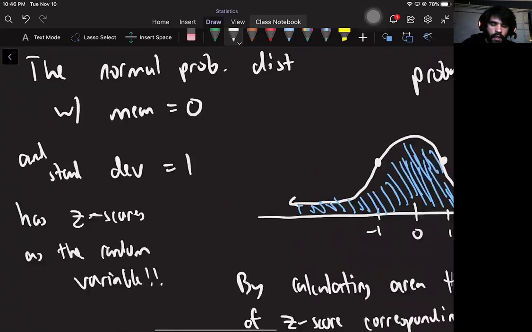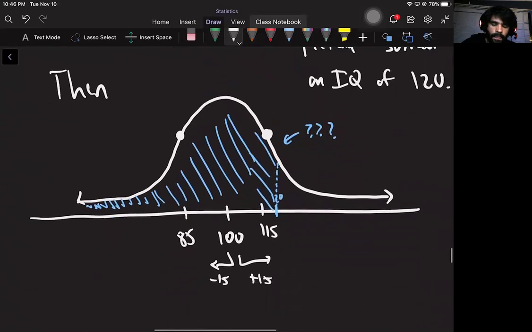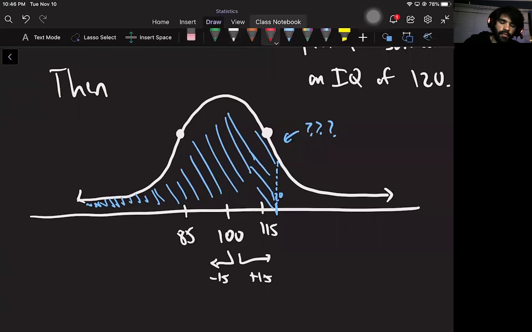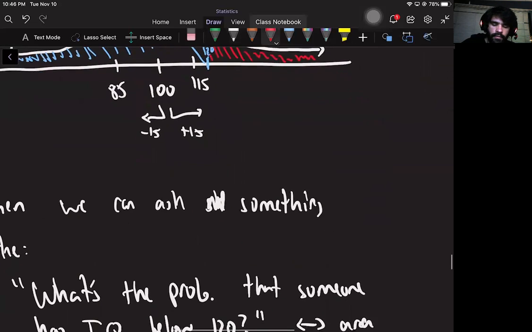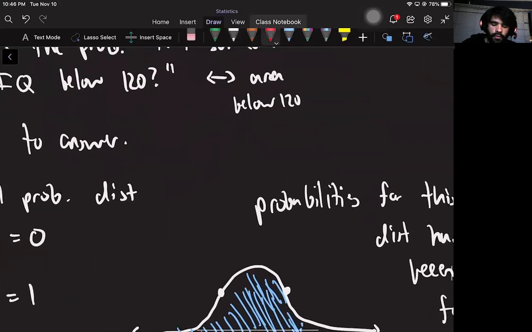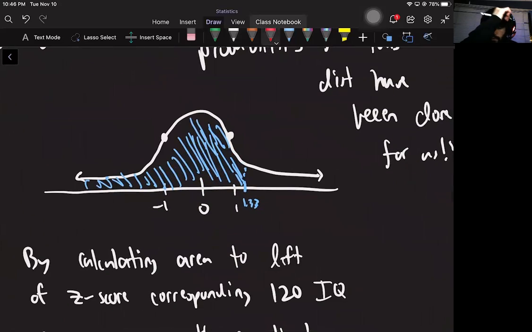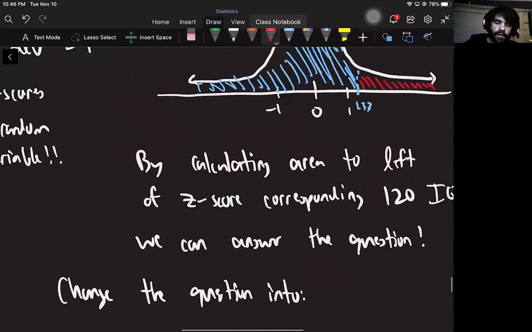So if I go way back up here to this picture, the probability of being above 120 IQ is going to be this red area, because that's the area above 120. And then following similar logic, I would find the z-score for 120, which is still going to be 1.33. So now I'm asking, what's the probability of the z-score being above 1.33?